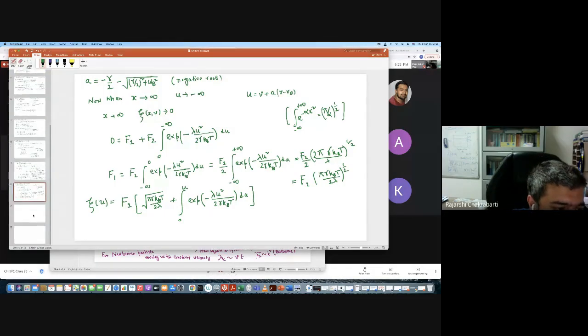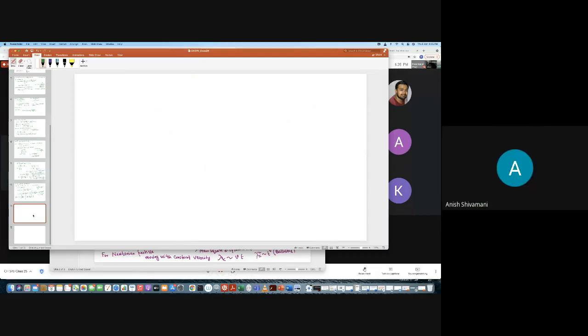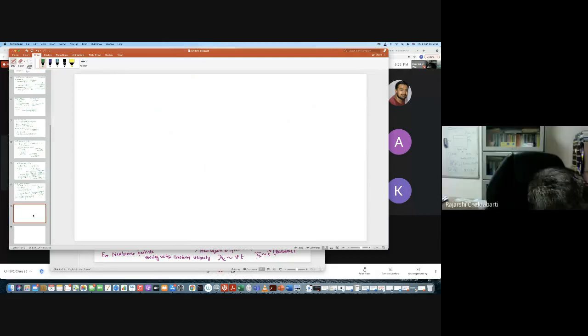Now you remember what was p of x comma v? It was xi of x comma v times this exponential factor, the exponential of minus beta h kind of thing. Remember that? Yes. Okay.